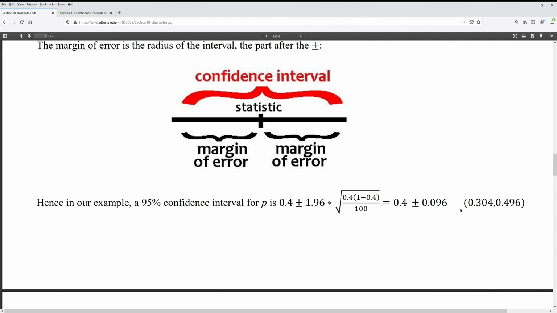Either this particular sample has an abnormally high amount of licorice in it, and we're overestimating the whole thing, and the proportion of licorice in the vat is really over here someplace. Or this sample happens to have a weirdly low amount of licorice in it, and we're underestimating the whole thing, and the truth is really over here in 0.5-ish whatever territory. But put those last two things together, and there's only a 5% chance of that happening.